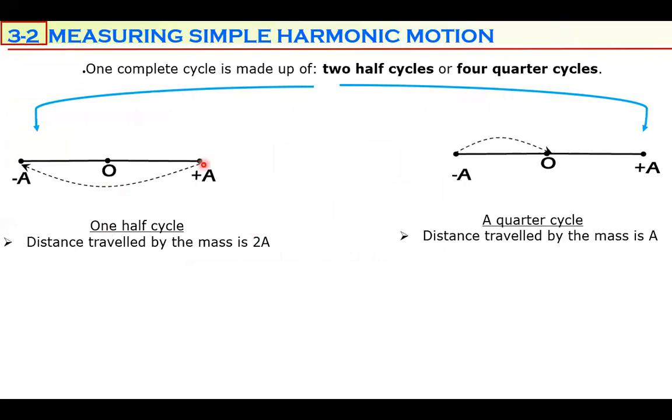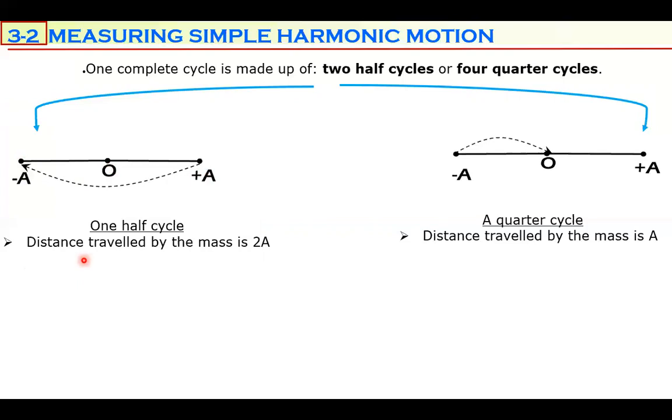For half cycle, the distance traveled is A plus A, which is 2A. But displacement can change. For example, here displacement is 2A, but sometimes the object can start from point O, go 1A, 2A, and come back again to 0. That's why we don't have certain information about the displacement.